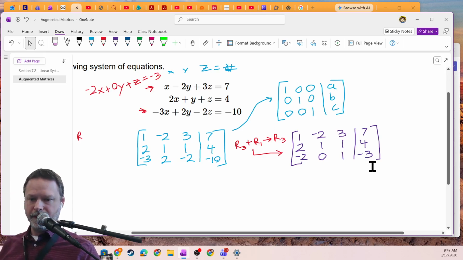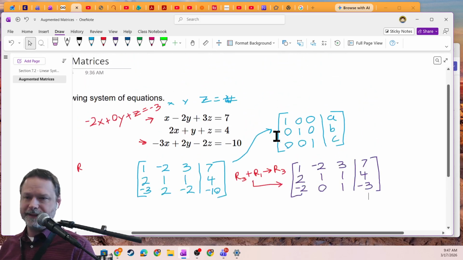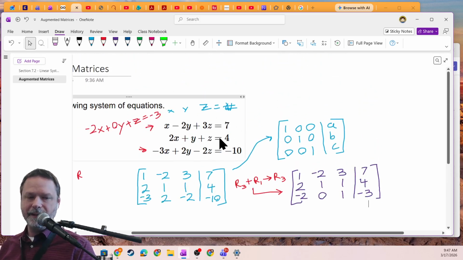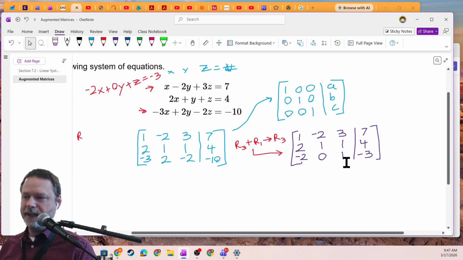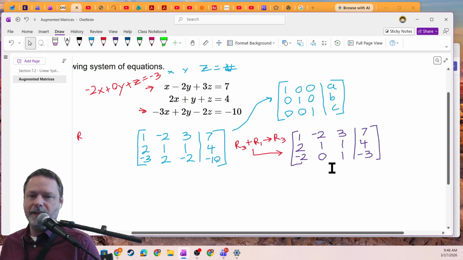Now that I got this, what I'm trying to do is just show you, I'm messing with these matrices. It's just the same as messing with these equations. Whatever we do to equations, we can do to rows in the matrices, because you just imagine I'm just manipulating an equation. So anything I could do to an equation, I can do to a row in a matrix.